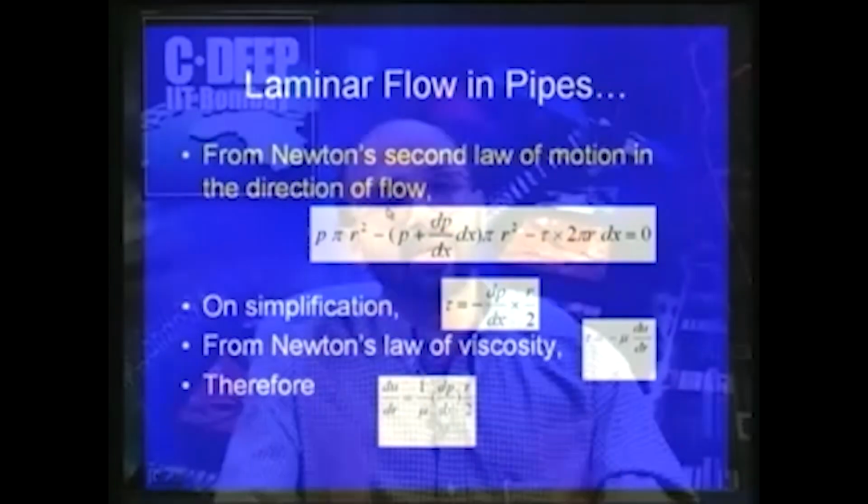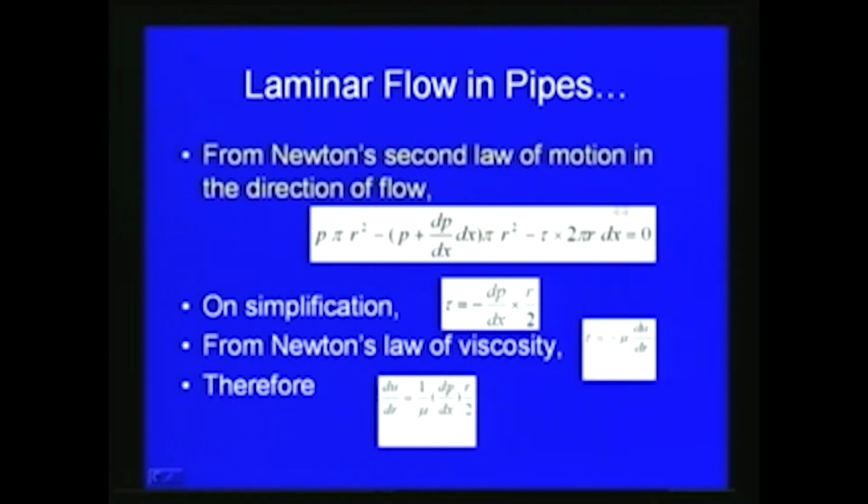So, by Newton's second law of motion, which states force is equal to mass into acceleration, and since as per our assumption acceleration is equal to 0, we can equate the total forces to 0.